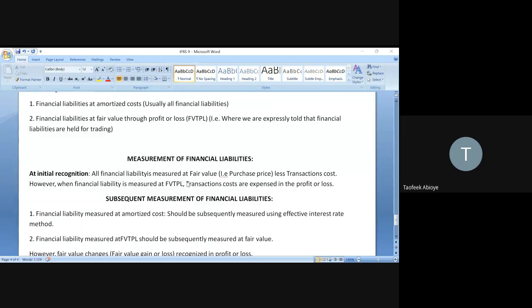However, when financial liability is measured at P or L, transaction cost will be expensed. We remember this one, that whenever we classify at P or L, we usually expense. But when it is at amortized cost, we capitalize transaction cost, but capitalization of transaction cost is less under financial liability.